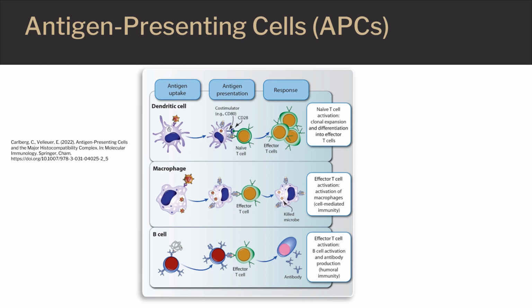Macrophages and dendritic cells are phagocytes that ingest and kill pathogens that penetrate the first-line barriers, i.e., skin and mucous membranes. B cells, on the other hand, do not function as phagocytes but play a primary role in the production and secretion of antibodies.